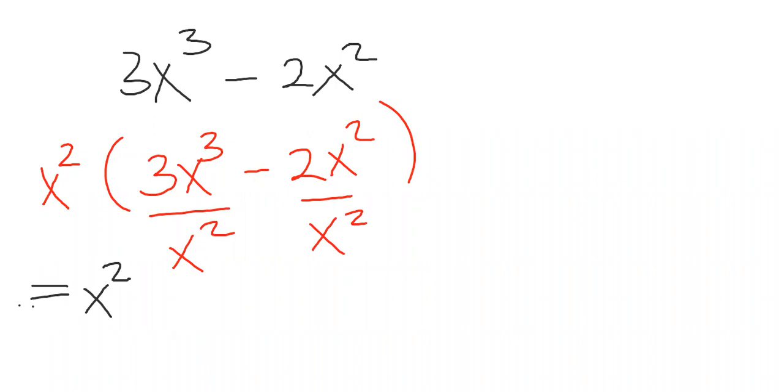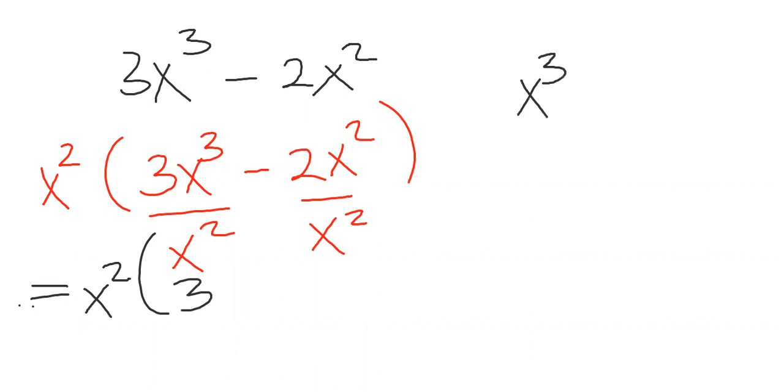So simplifying, we now get the 3 is going to remain there because there's nothing that we are dividing it with, or we are dividing it with the 1. There's a 1 there, but the 1 is not written. So 3 divided by 1 gives us a 3. Then from there, we have x to the power 3 divided by x to the power 2.